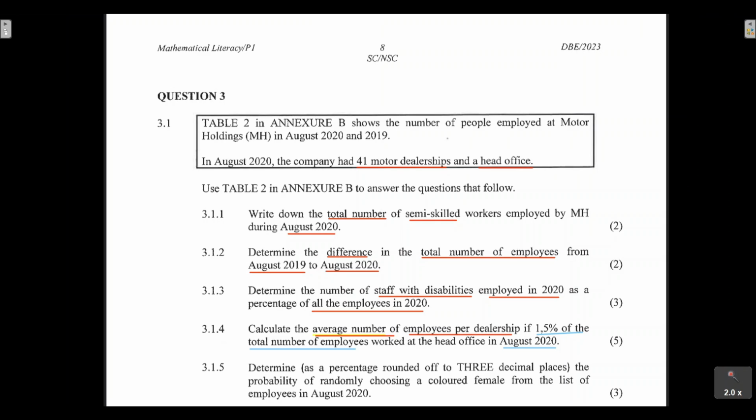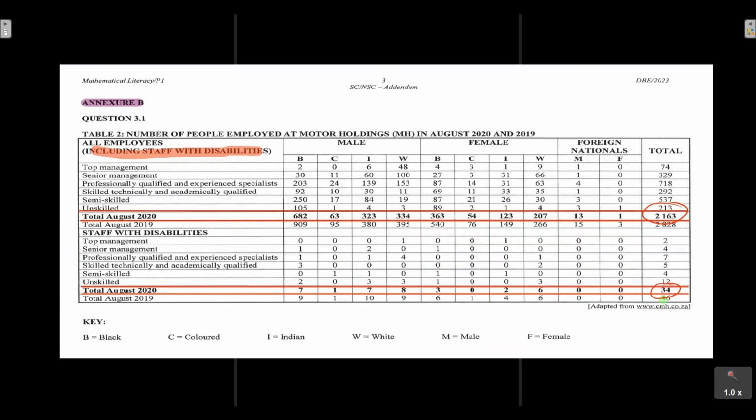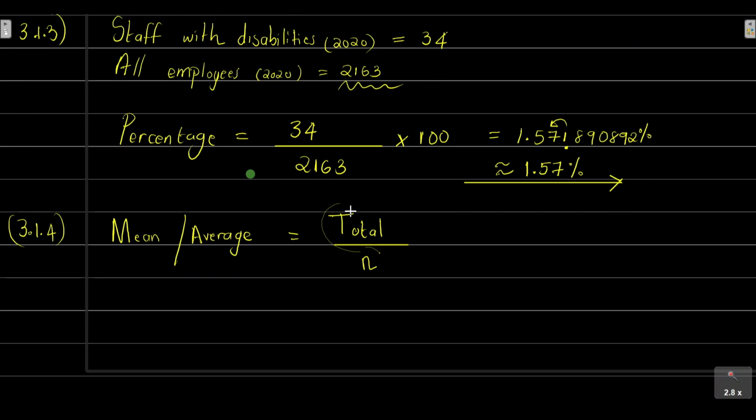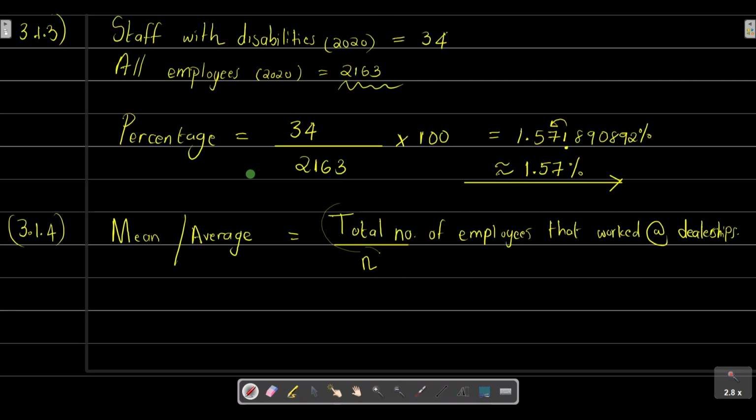So we want to determine the total number of employees that worked at the dealerships, which is why we divide by the total number of dealerships that we have, which is 41.